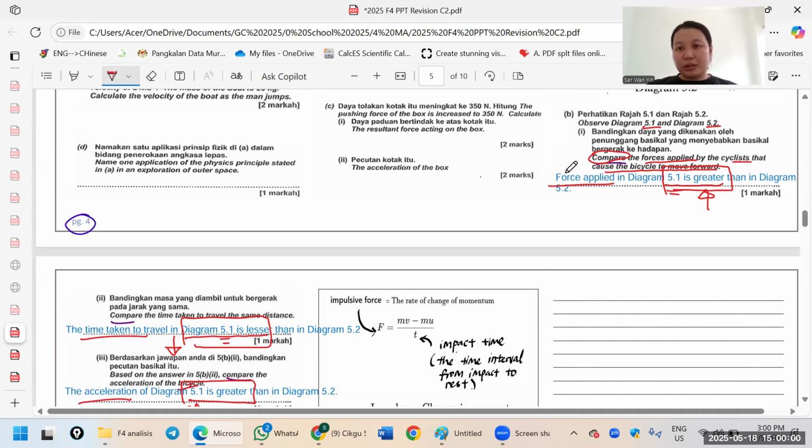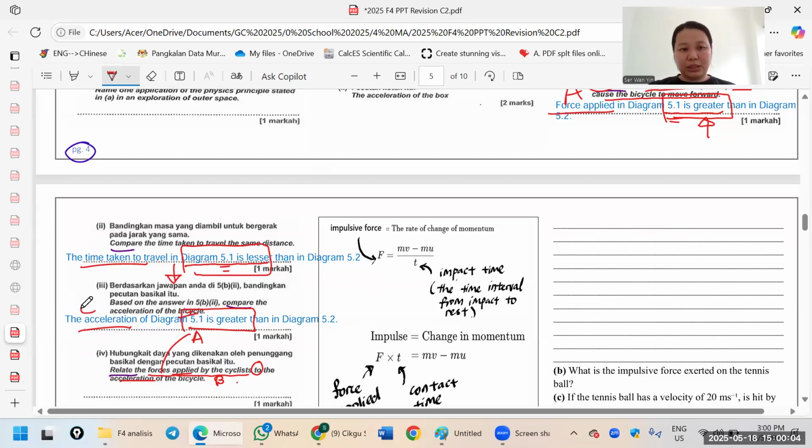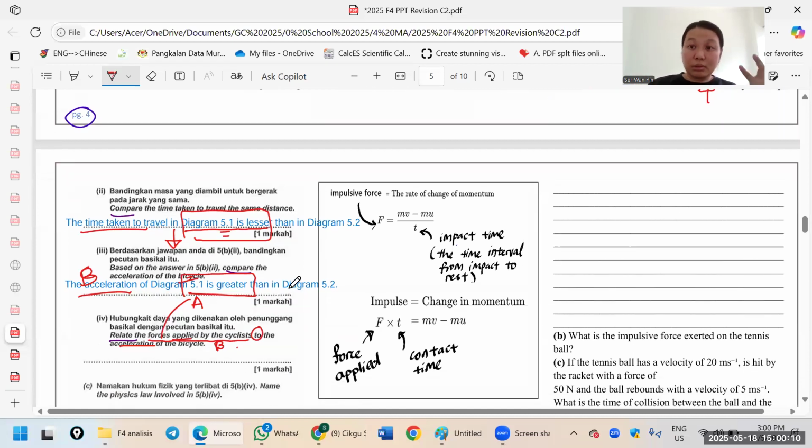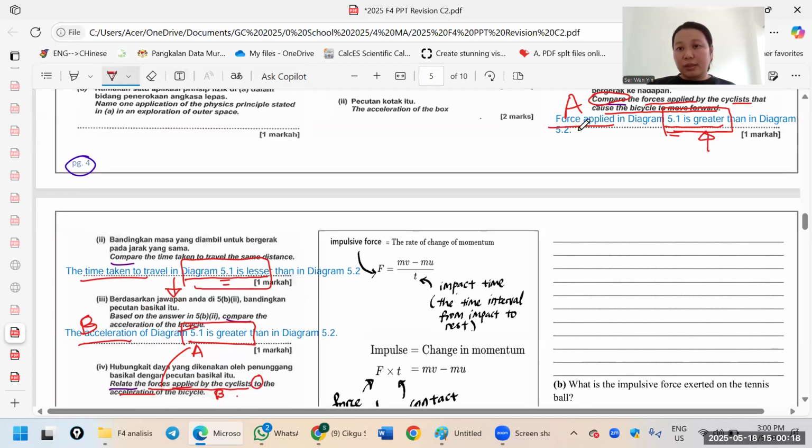A is force applied. Then acceleration is B lah. So can see here already force applied 5.1 is greater. Acceleration 5.1 is greater lah.